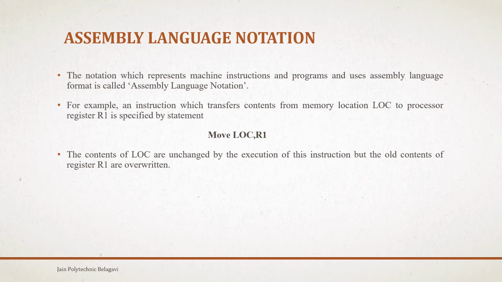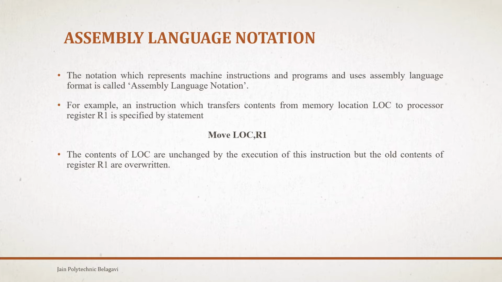So after this, the contents of LOC are unchanged by the execution of this instruction, but the old contents of register R1 are overwritten, which means that whatever the contents that are present in the address location with name LOC will be transferred into register R1.